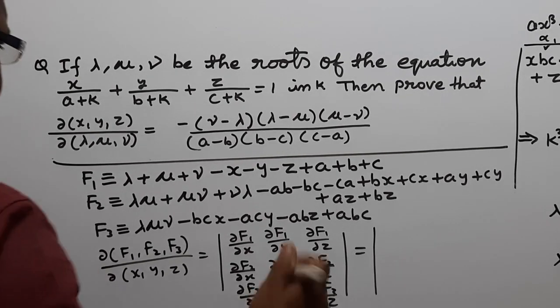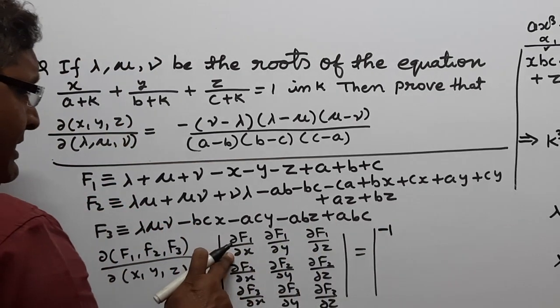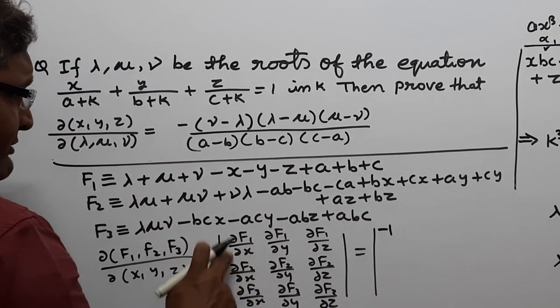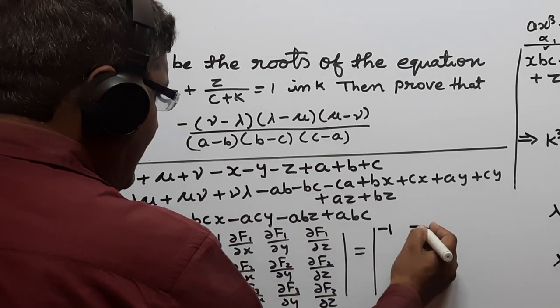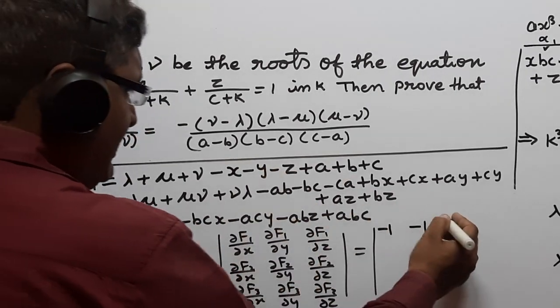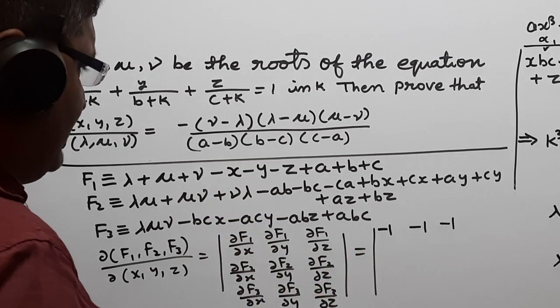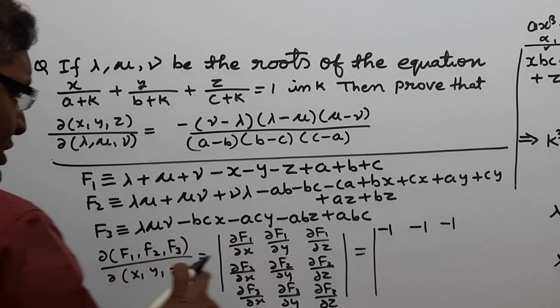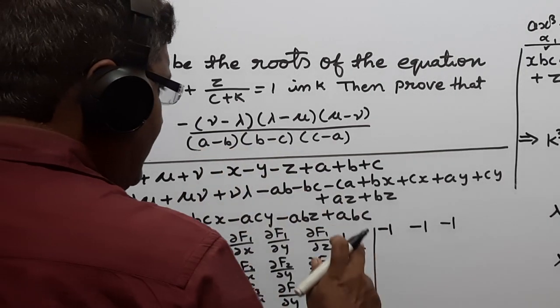minus 1. Here we differentiate f1 partially with respect to x, we get minus 1. With respect to y, we also get minus 1. And when we differentiate partially with respect to z, we get minus 1. Now we differentiate f2 partially with respect to x, y and z.